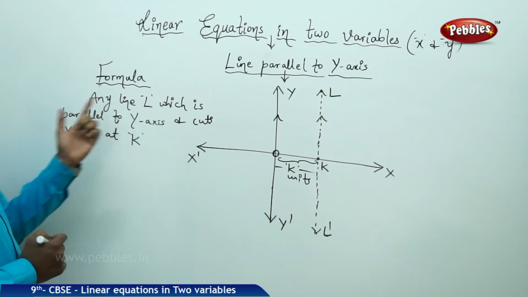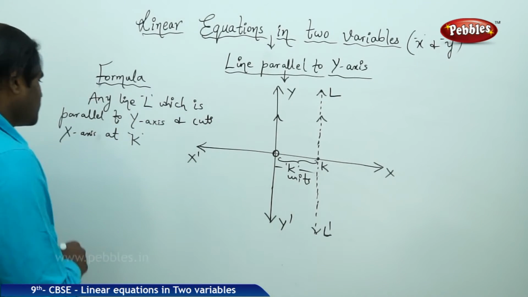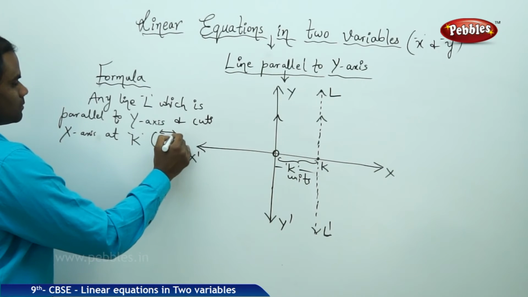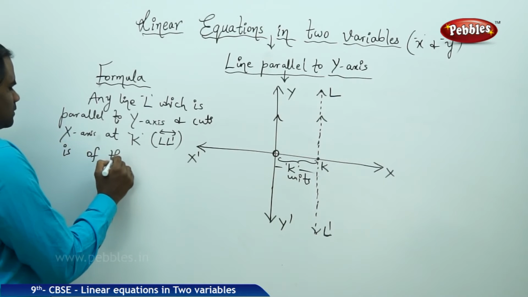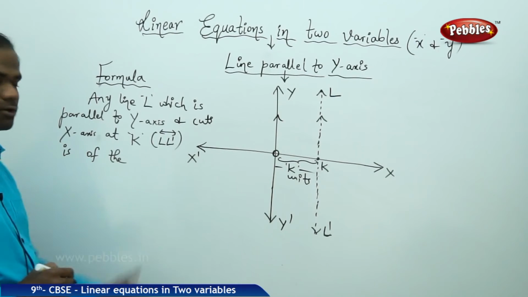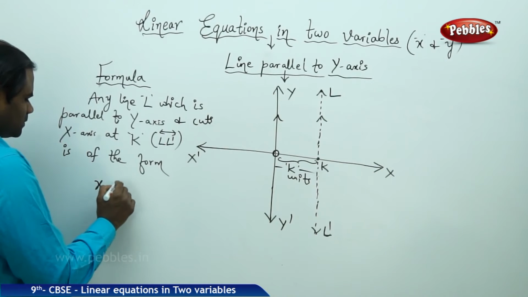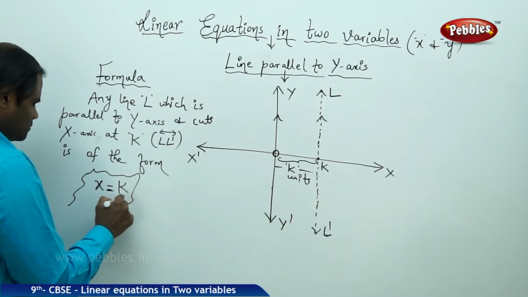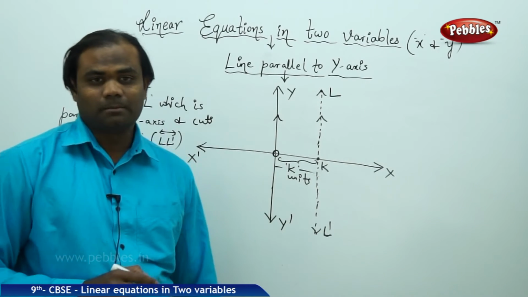So any line L which is parallel to y-axis and cuts x-axis at k, in this case the line being L dash, that line is of the form x equals k, which is how I understand the formula.